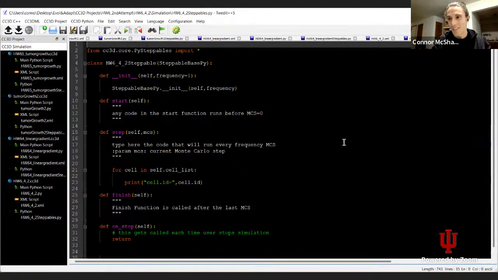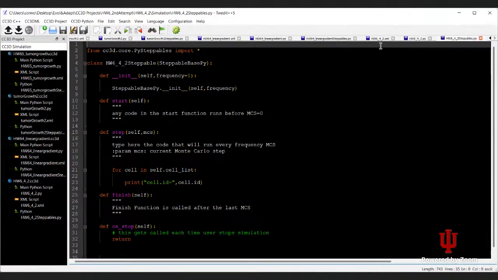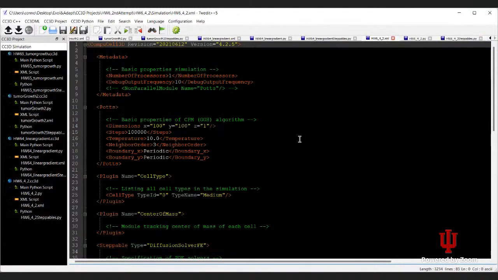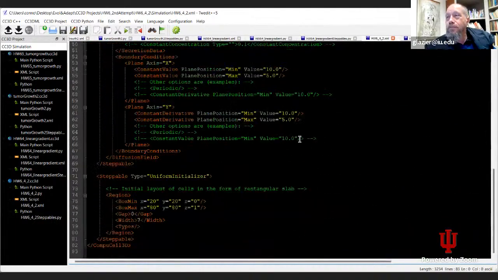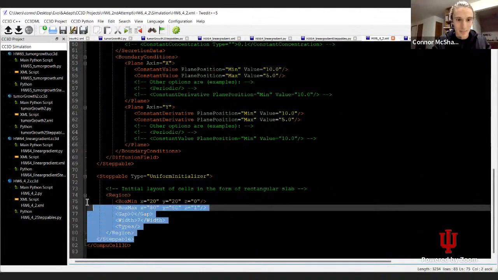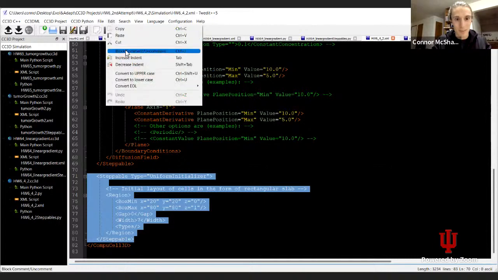All right, spirits of CompuCell 3D, Zoom people, it is your turn to guide me. So somebody, where does the diffusion solver live? In the XML. Okay, so maybe let's start looking at the XML. So I'm going to go ahead and get rid of this. I'll just comment it out.